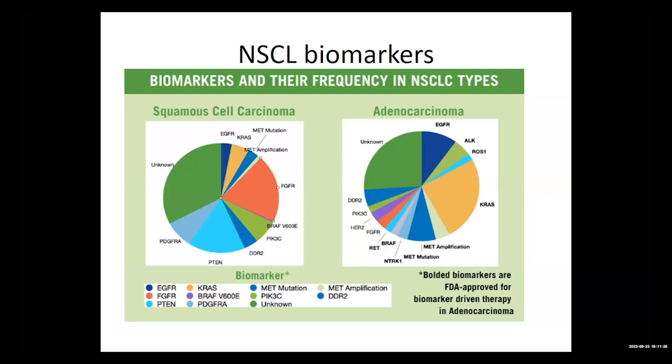It also happens in adenocarcinomas, and as you can see, we have a significant portion of patients with adenocarcinoma of the lung expressing the EGFR. However, they also express other markers. You can see the KRAS. These are all mutations that have been found in many of these patients with cancer of the lung.